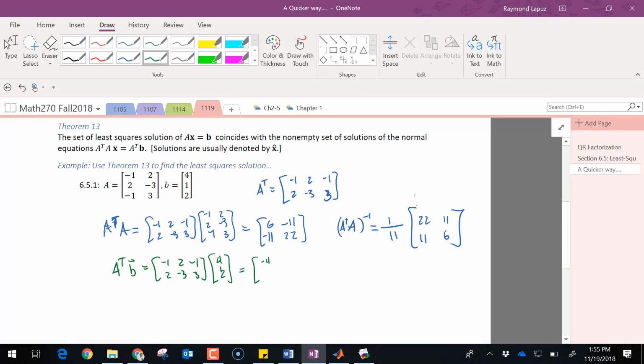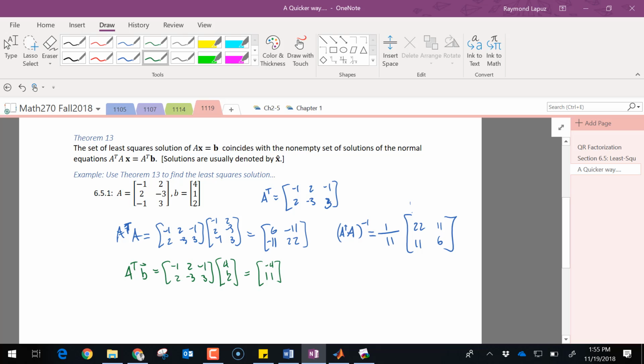And then we have 8 minus 3 is 5. 5 plus 6 is 11. Is that right? I hope that's right. Does that look right?